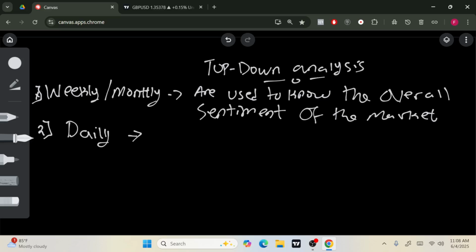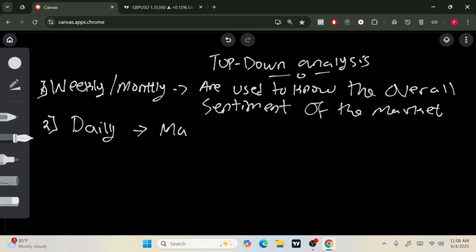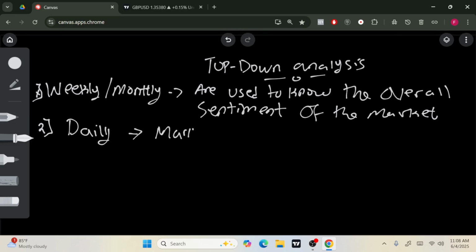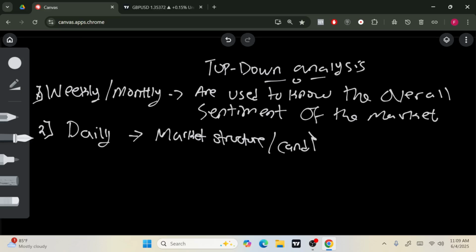You are checking your market structure, candlestick pattern, and chart pattern.